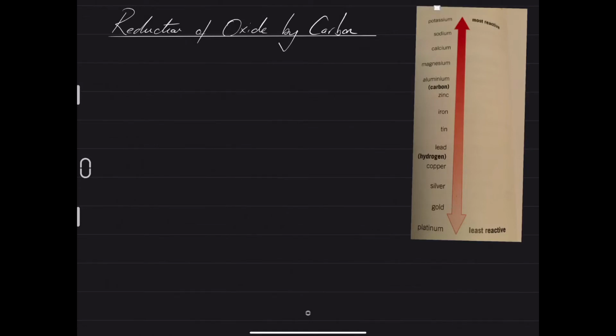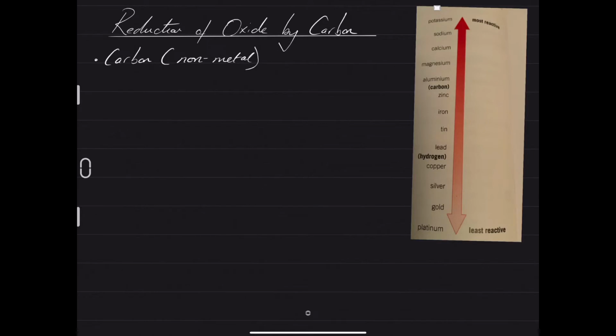So I would like you to put down these following statements for reduction of oxide by carbon. First point is that carbon is a non-metal.